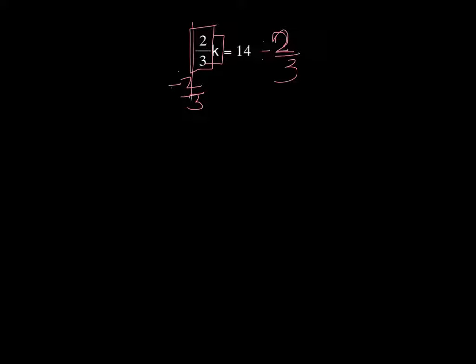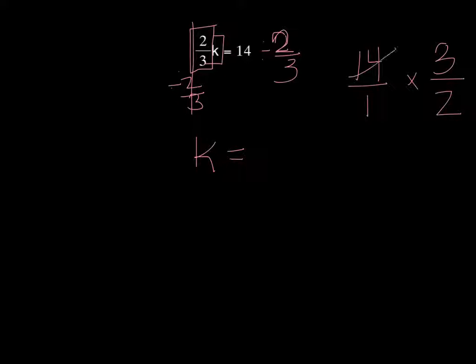So 2/3 divided by 2/3 cross out to make 1. So I'm left with k equals. Then I'm going to do my work off to the side. 14 over 1. Then I find my reciprocal, so I'd put my 3 as my numerator, my 2 as my denominator, change it to multiplying.